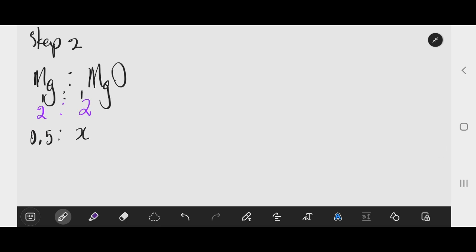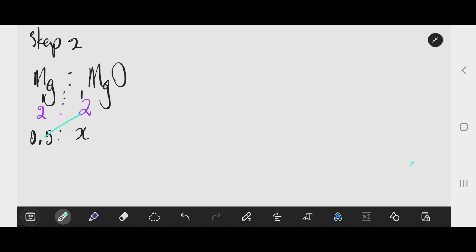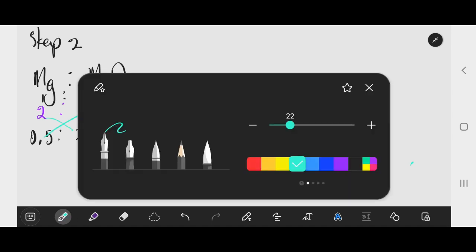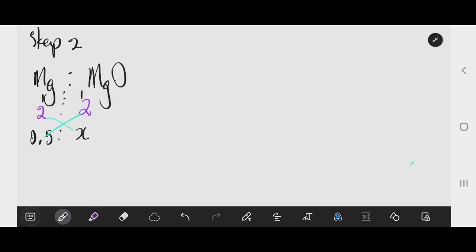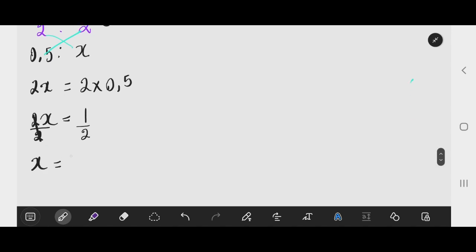So now we can just cross multiply to check what is the value of x, or to check how much of the magnesium oxide we can produce, right? So that would be 2 times x, equal to 2 times 0.5, right? And that would be 2x equal to 1, divided by 2, and then x is equal to 0.5 moles.